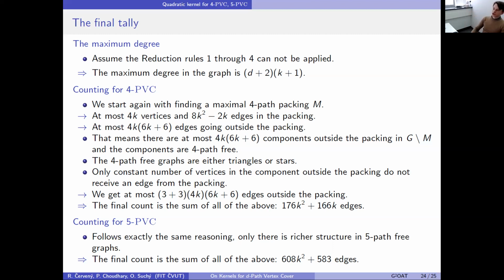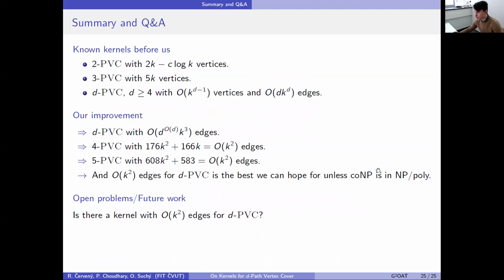But the only catch is that the 5-path free graphs have more structure. Let's end it there. But it also can be shown that there will be only a constant number of vertices in the 5-path free components which do not receive some edge from the packing. So the same argument can be used. Yes, and the final count is again some constant times k squared. So that's what we wanted to show.